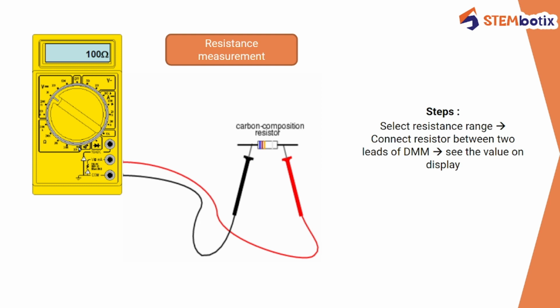If you are not getting any result, change it to the next value. If you still don't get a result, go to the next selection range. Whenever you have the correct range, you will see the display like this. This is the result, the resistance of your unknown resistor.